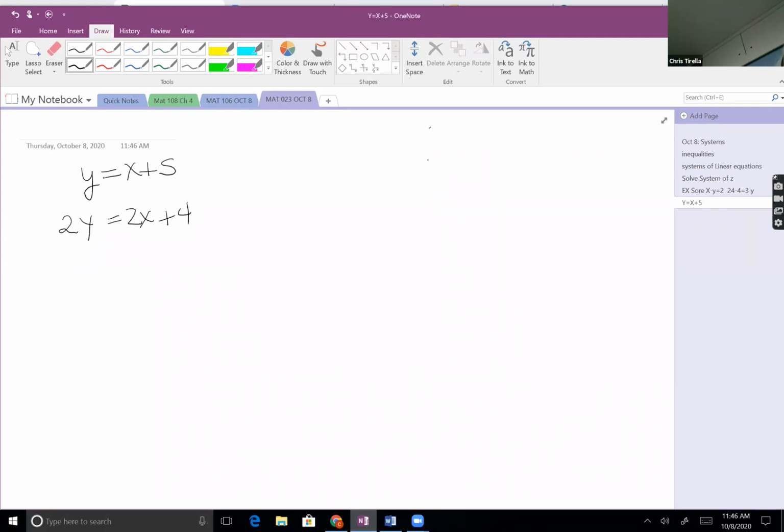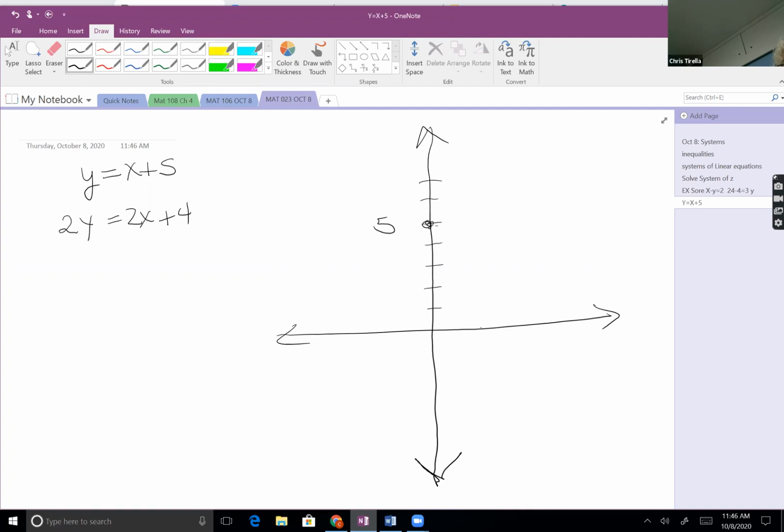I'm going to draw my axes. First line, y equals x plus 5.